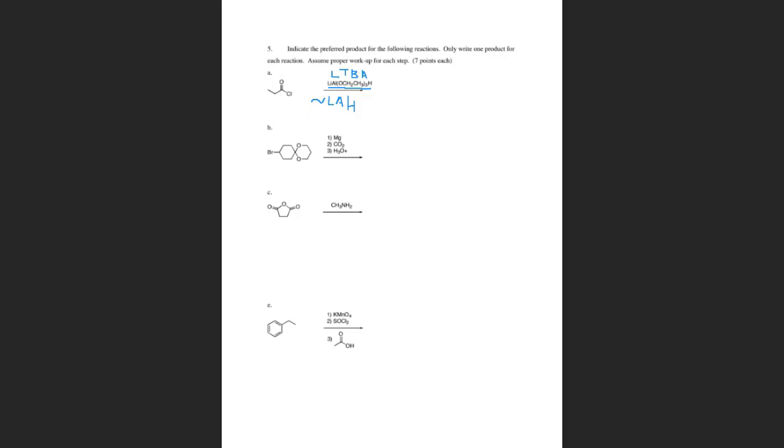Yeah. But in this case, we've got an acid chloride. And so instead of reducing it fully like LAH would reduce this to an alcohol, LTBA reduces it only to an aldehyde. So you could almost consider this like one of those weak oxidizing agents in the opposite direction.